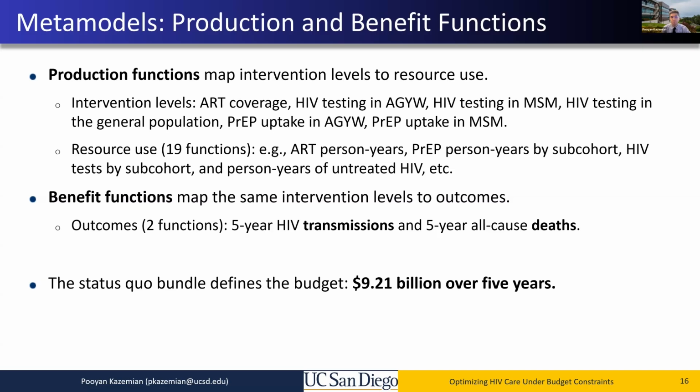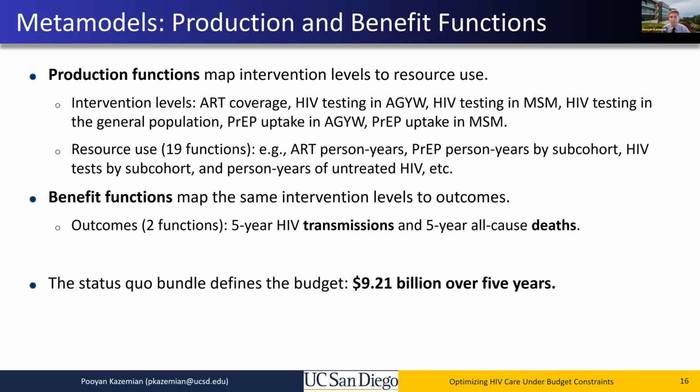We also developed 2 benefit functions that map the same intervention levels to the outcomes of interest. Those were 5-year HIV transmissions and 5-year all-cause deaths. We use minimizing transmissions as the primary objective, and then we also looked at minimizing 5-year deaths as a secondary objective, and I report the results of both optimization problems in a few minutes.